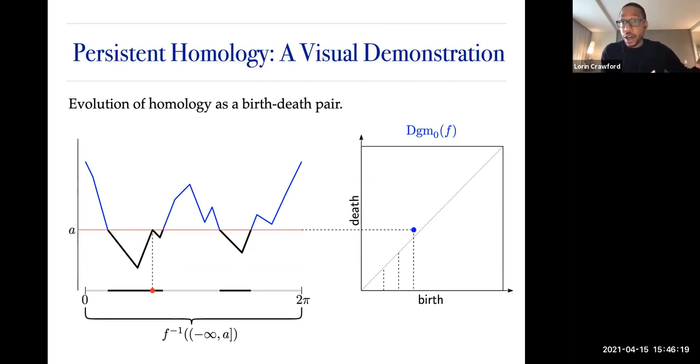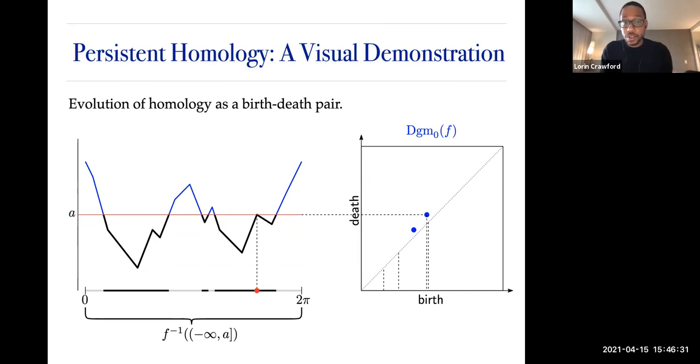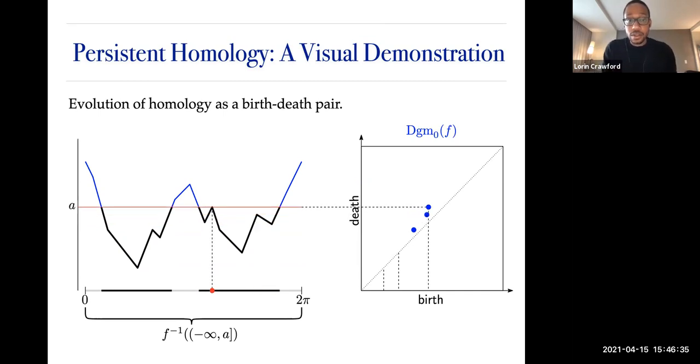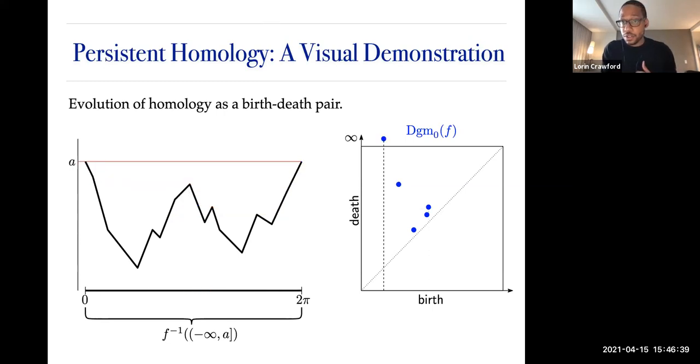So that feature now dies. It's become connected to the feature that I saw first. Okay. I'm going to scroll up. I see another feature. That feature is also going to be short-lived, but we're going to see one more feature first. Again, the feature I just saw is going to die because it's going to be connected to the feature before it. We're going to see another death, and then I have just one large, huge connected component.